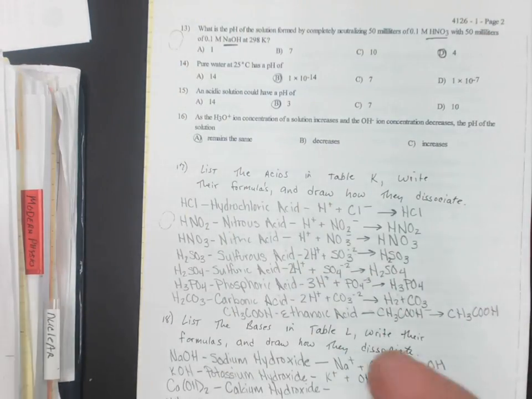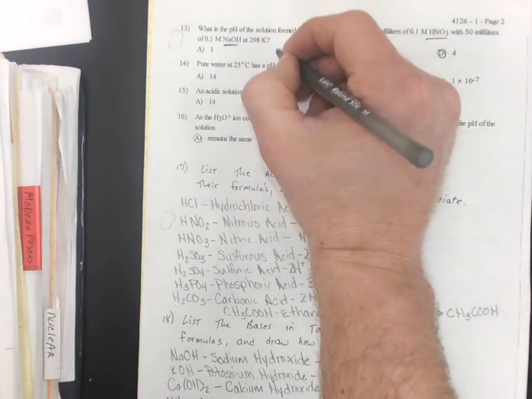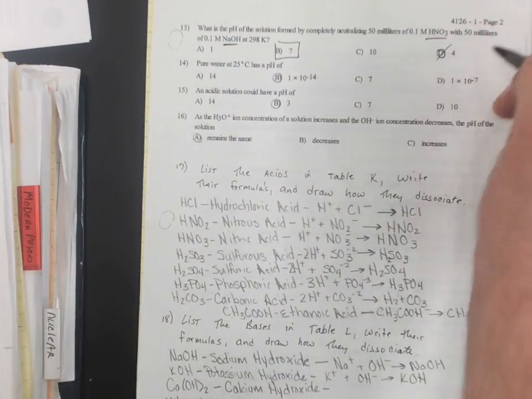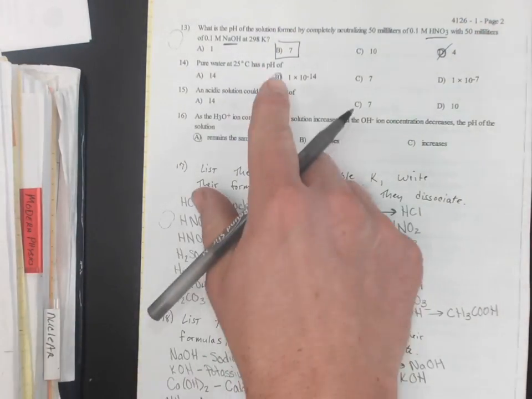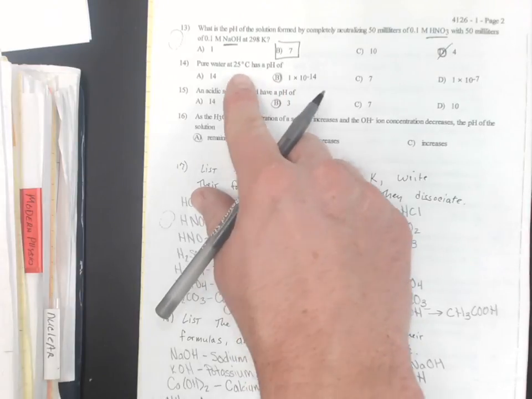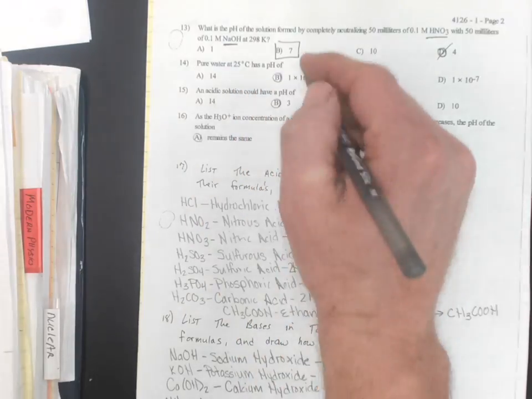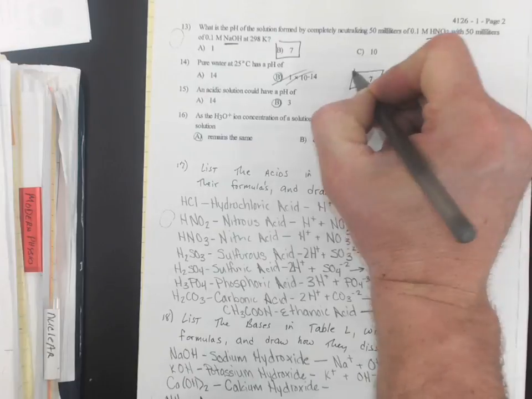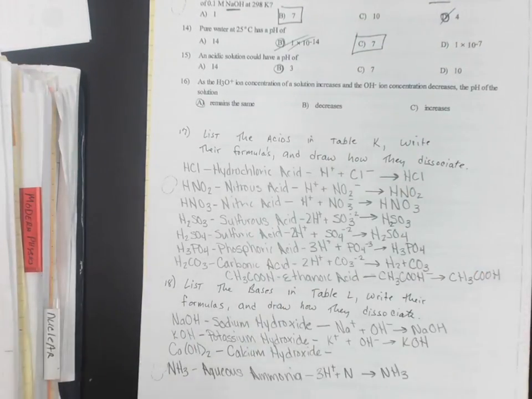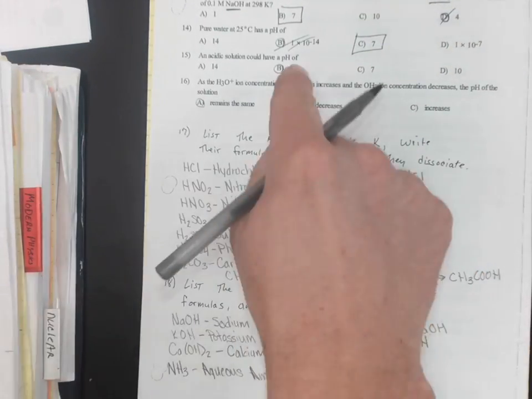So you're going to form what type of solution? Acidic, basic, or neutral? Neutral. So you are going to want to pick right there a 7 for pH. Pure water at 25 degrees has a pH of, if it's pure water, it will be neutral. So again, 7. An acidic solution could have a pH of 3.